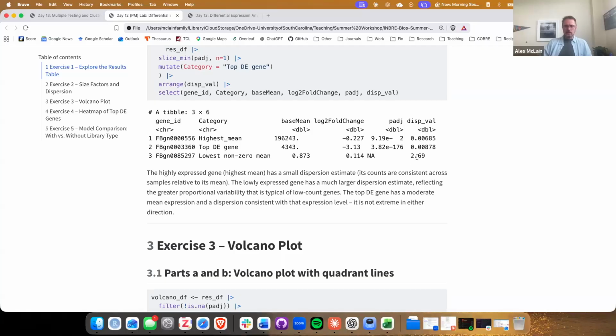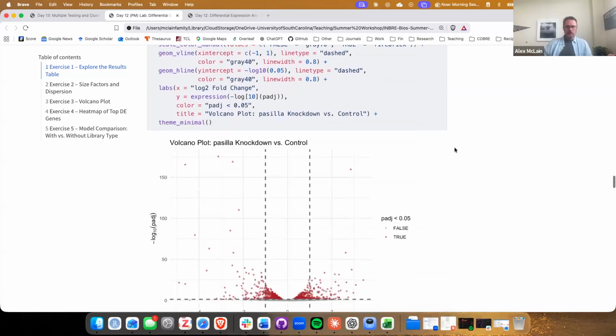We can see the dispersion value is a lot lower for the one with the highest mean than the one with the lowest mean, which is typical. The top differentially expressed gene is in between those two, certainly closer to the lowest one.